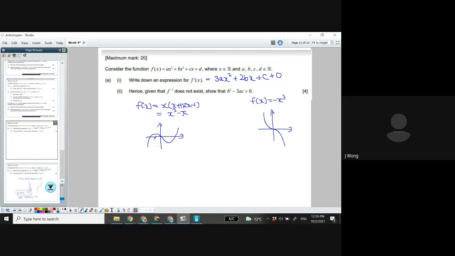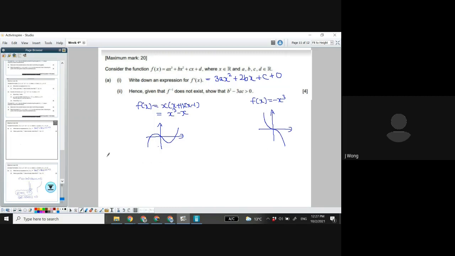Okay, so the one on the left, the function exists, but its inverse does not exist. Whereas the one on the right, the inverse does exist. It's not because it is easier to rearrange.